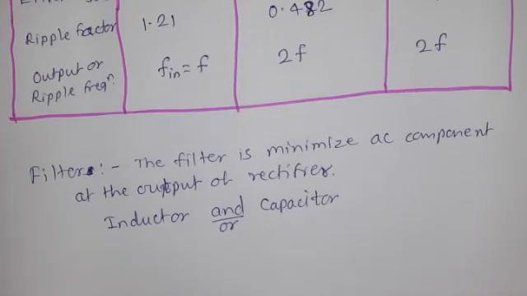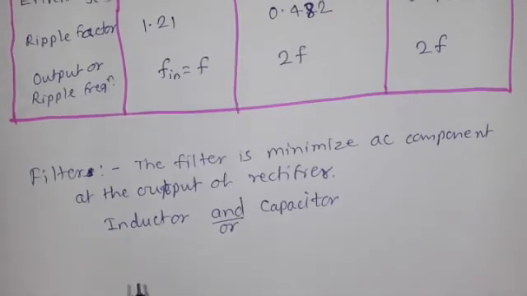Now, what is the property of a capacitor? A capacitor allows the AC signal to pass and blocks the DC signal. That is the definition we have to write. An inductor opposes or blocks the AC component and allows the DC component to pass.